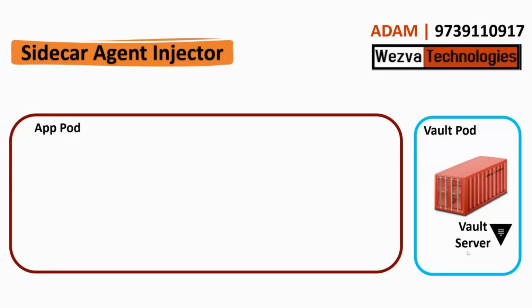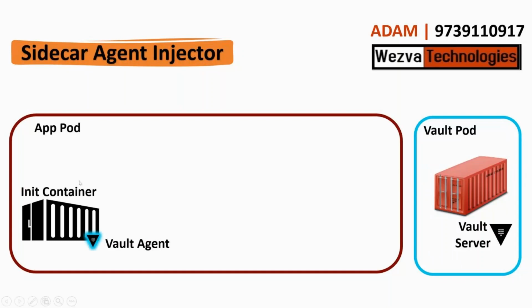Okay. So we will design our pod in such a way that we will have an init container created first, and inside the init container, we will have the vault agent running. The purpose of running the vault agent is to fetch whatever necessary credentials or secrets your main application needs. So in my example, I'm talking about getting a credential for a database.